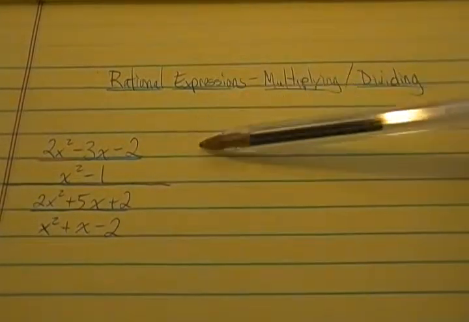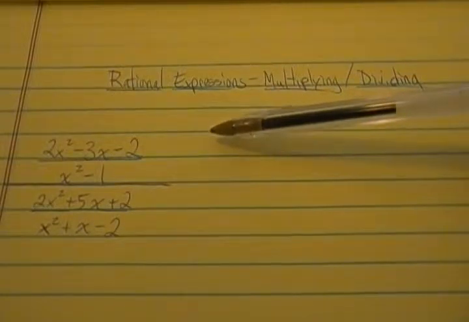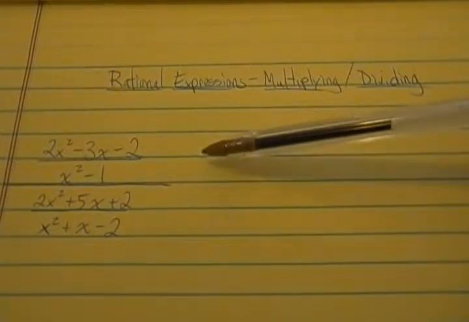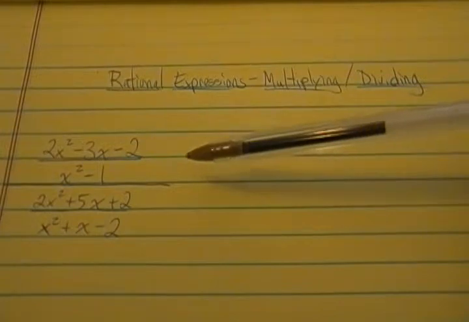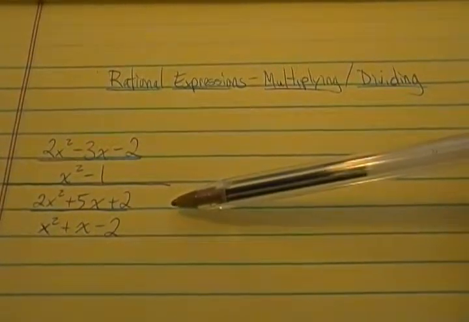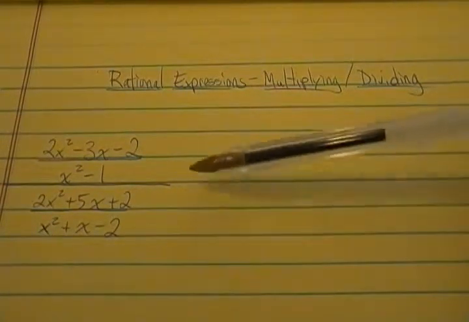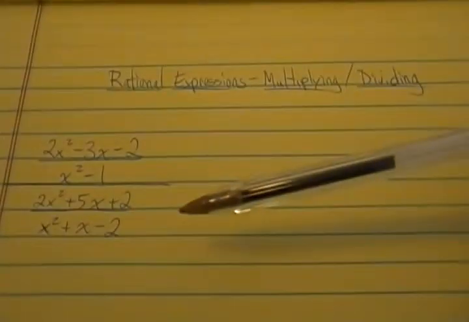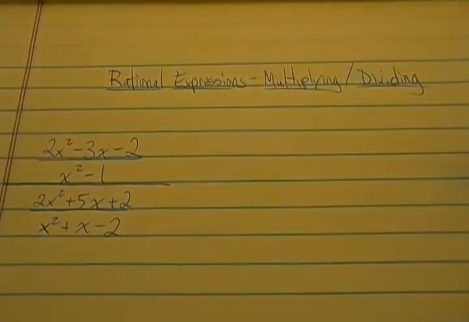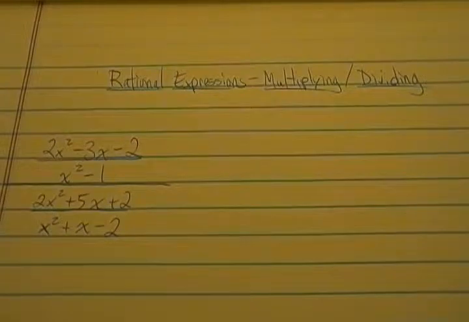So we have what we call a compound fraction, 2x squared minus 3x minus 2 over x squared minus 1. That's in the numerator of our fraction. That whole thing is over another fraction, 2x squared plus 5x plus 2 over x squared plus x minus 2. I know a lot of people's first reaction when they see something like this is, it's a huge mess, and how do I even begin dealing with it?